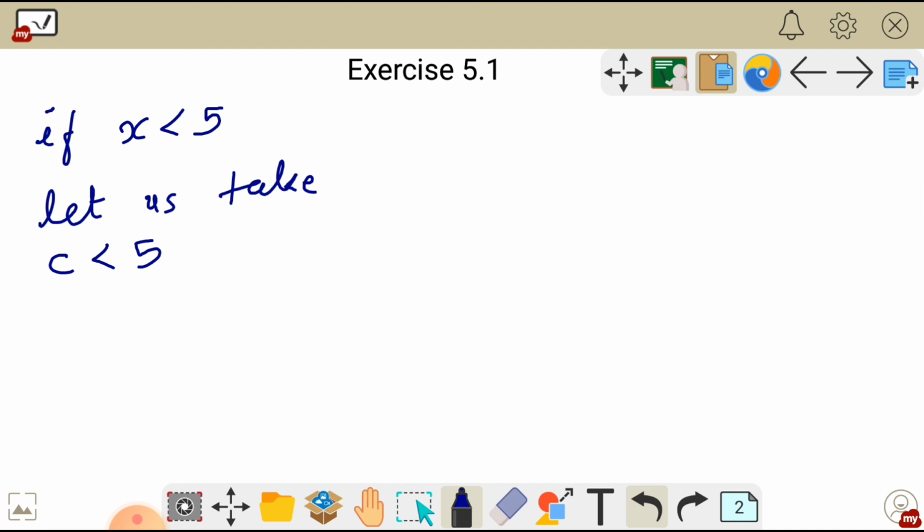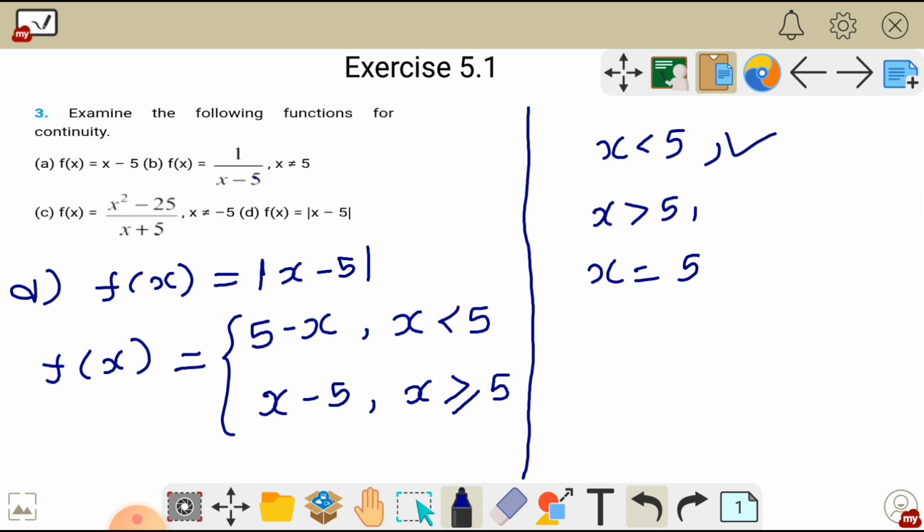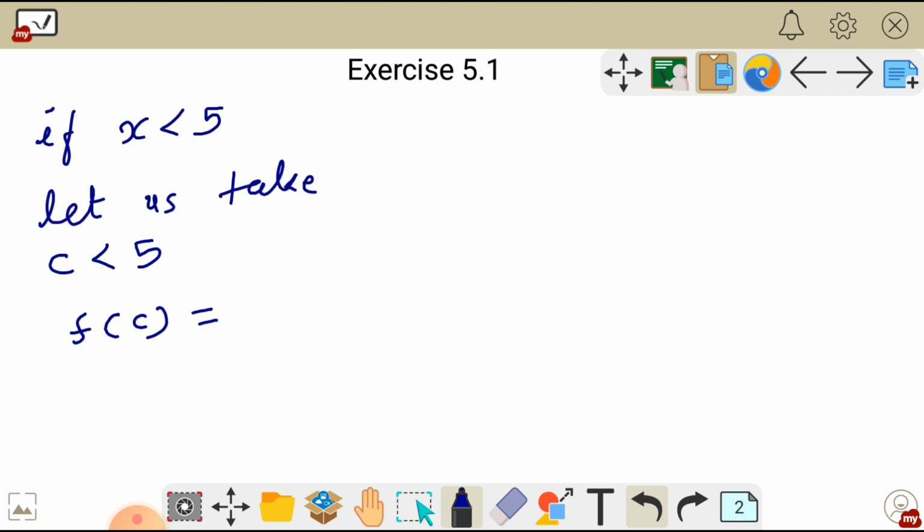So C is any point which is less than 5. Now if we prove that the function is continuous at C, that means the function is continuous at any point which is less than 5. So what will be the f of C? First of all, what is the f of x whenever x is less than 5? Whenever x is less than 5, f of x is 5 minus x. So we have to write here 5 minus c.